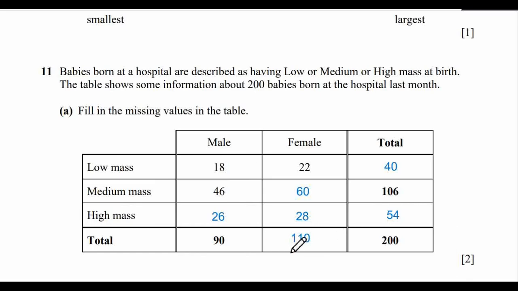The next is this one to fill: 200 minus 90 is 110. Then for this one, 110 minus 60 minus 22 to get 28, and the last is this one, 26 plus 28 is 54. That's our answer. Next we do question 11b.